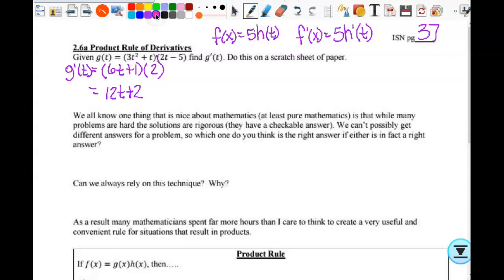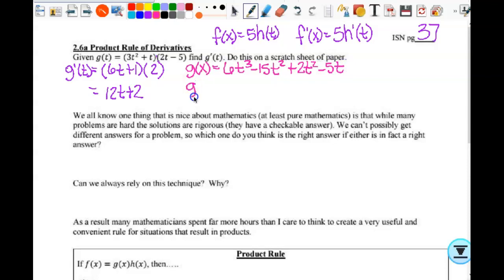All right, so instead, if we do what you did and we say, all right, I'm going to rewrite it first, g of x, and so if we multiply, we're going to get 6t cubed, is that correct? And then minus 15t squared plus 2t squared. Oh, I guess I could have put those together, but I didn't. Plus 2t squared minus 5t.